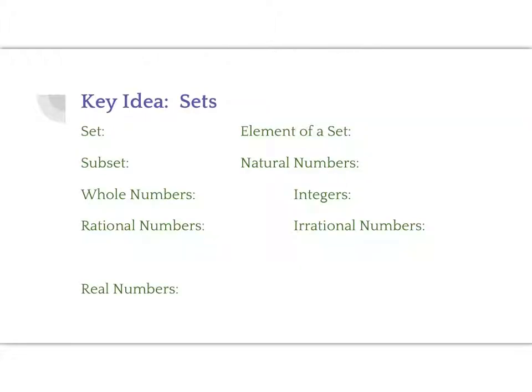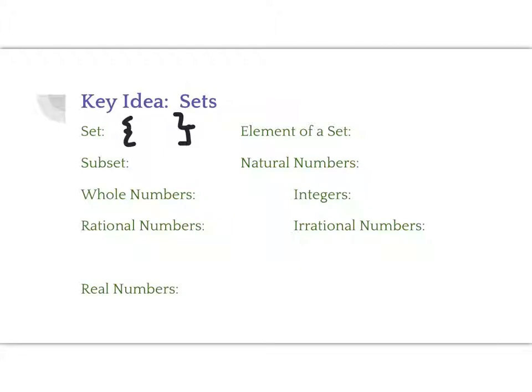So we have some ideas from sets. The key idea here is set. A set is just a collection of things. And we use curly braces to indicate something is in a set. So it's just a collection.